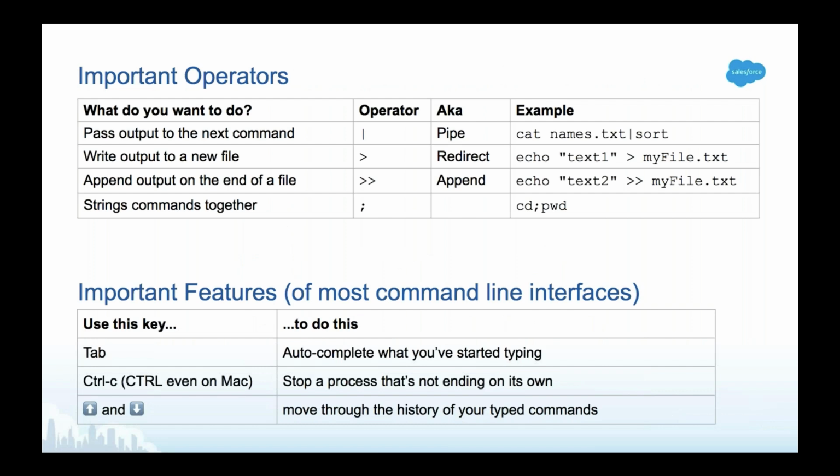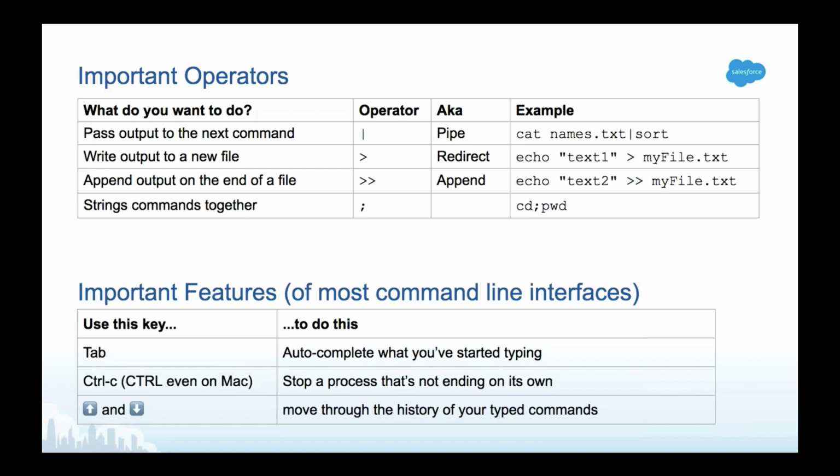Some other key features of the command line that make it easier to use: if you hit your tab key, then it will auto-complete. If there's only one command or text file, or whatever you're using, that starts with that particular string that you put in, then it will auto-complete whatever you've started typing. Control C, and it's control even if you're on a Mac, will stop a process from running.